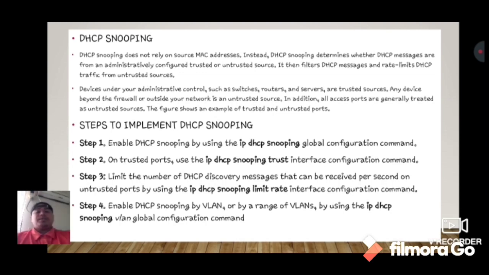Limit the number of DHCP discovery messages that can be received per second on untrusted ports by using the ip dhcp snooping limit rate interface configuration command. Step 4. Enable DHCP snooping by VLAN, or by a range of VLANs, by using the ip dhcp snooping vlan global configuration command.